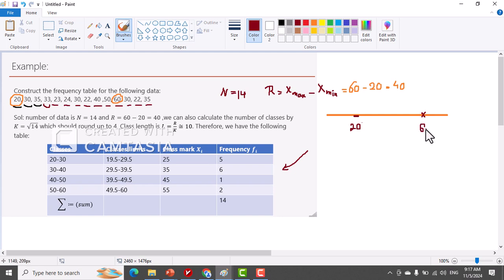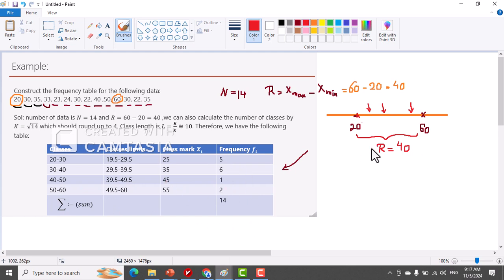So all the data that I have range between these values, and you can find all the data in this interval. It doesn't matter how it's split, the data are separated between 20 and 60. So the range R of the data is equal to 40. This is the first measurement that we need for calculating the frequency table.